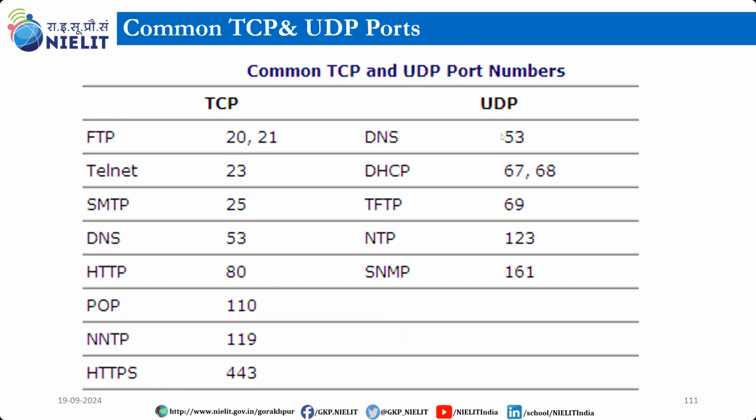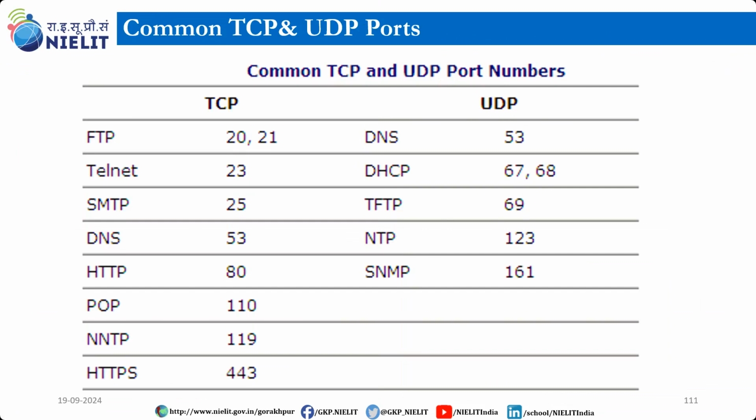Then DNS 53 UDP, DHCP also runs on UDP 67 and 68, TFTP 69, Network Time Protocol runs on port number 123 with the help of the UDP protocol. Simple Network Management Protocol runs on port number 161 of the UDP protocol.